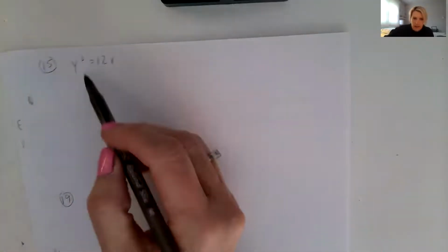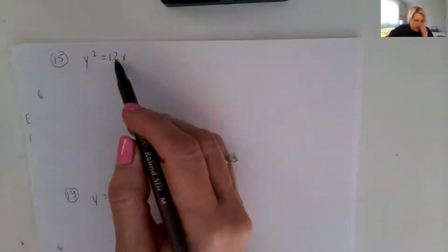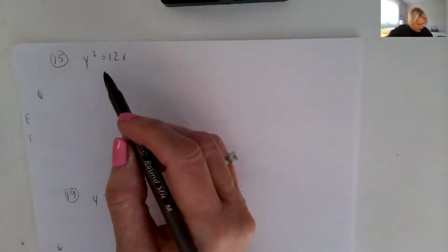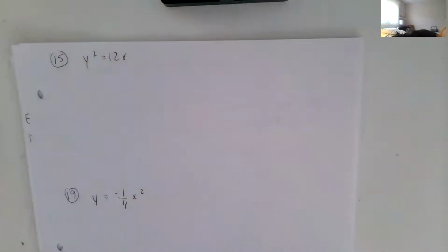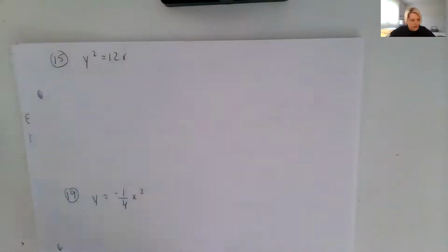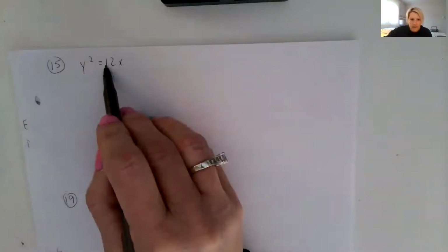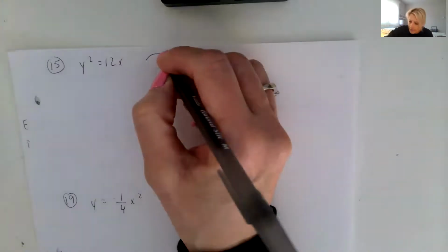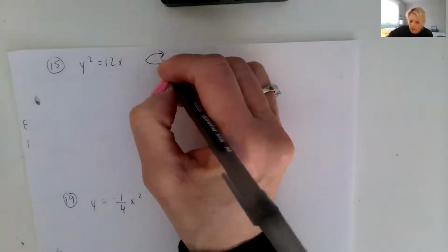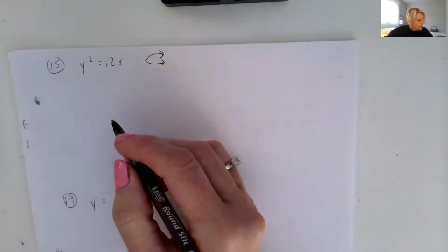Okay, so 15 gives us this equation, y squared equals 12x. Because it's y squared, we immediately know that it's left or right facing. And because this is positive, it's going to be a face right. So I'm giving myself a visual there.